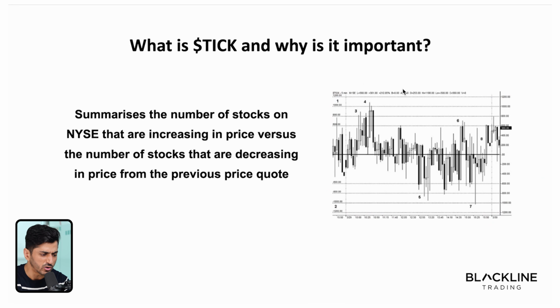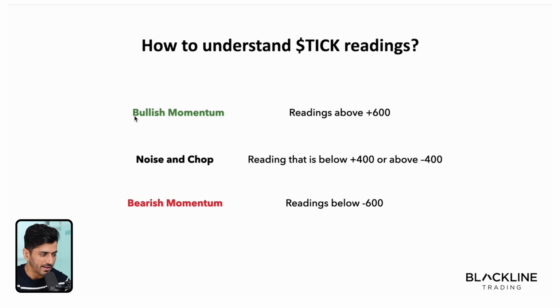So let's look at how to interpret this messy chart. And in general, there are three big categories to look at the readings, right? One is the reading for bullish momentum. Whenever you have readings above 600 and the readings stay constantly above 600, right? That is the minimum mark.